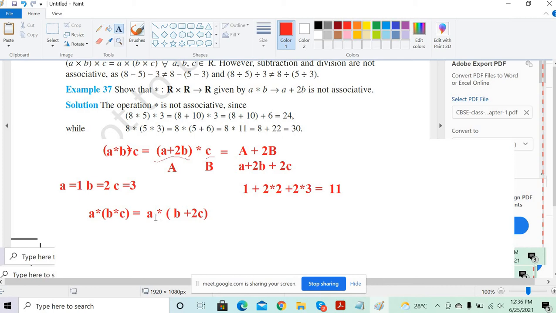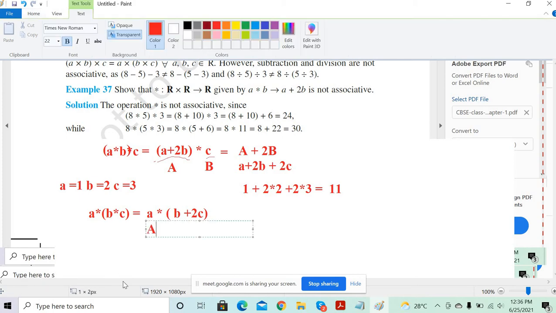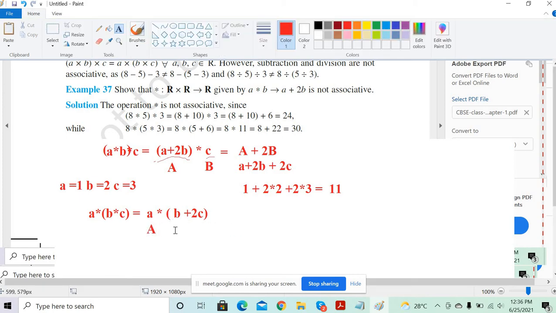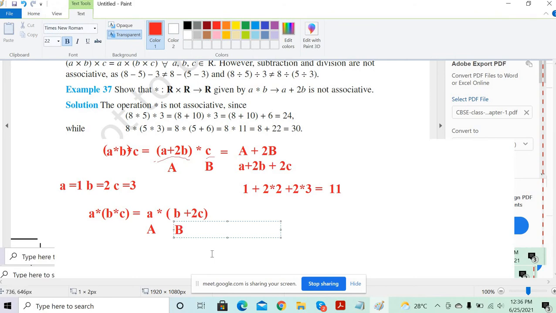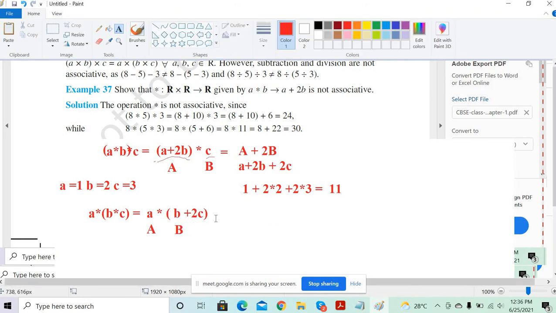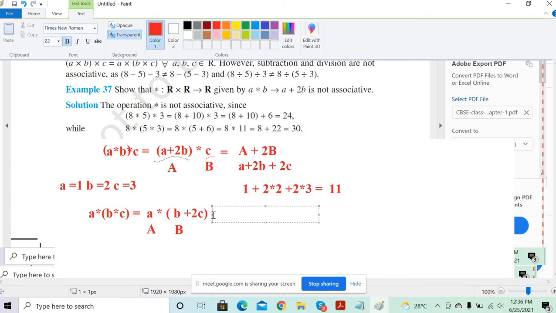Now this again we have to solve. This is a star operation, which evaluates to A plus 2B. So this will become a plus 2 into (b plus 2c).